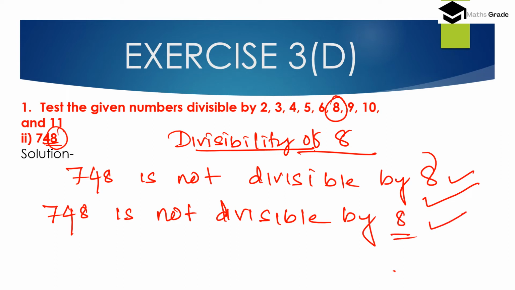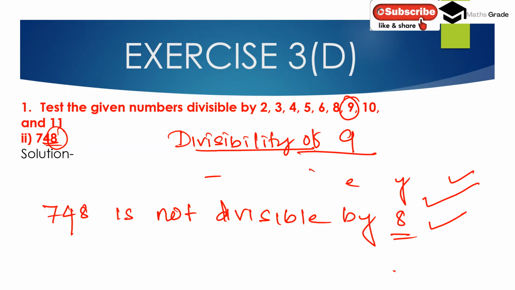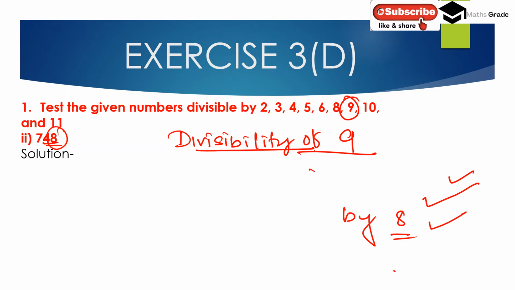Now we will check whether the number 748 is divisible by 9 or not. We know the sum of digits of the number 748 is 7 plus 4 plus 8.